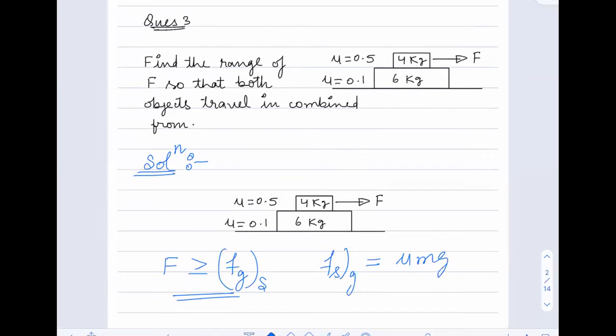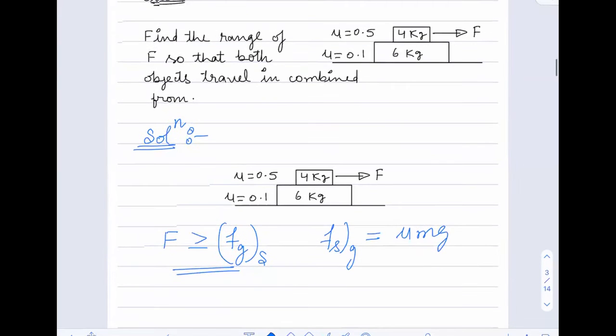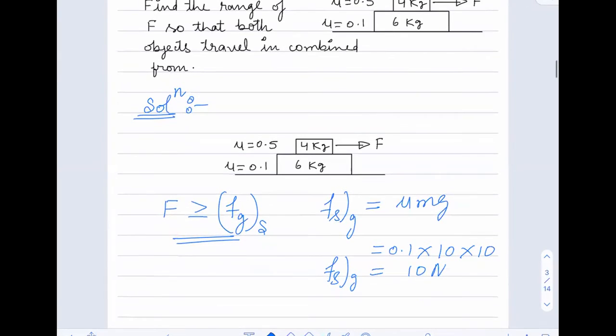Now I have the mu value and I have the mass given to me, and the g value you can use as 10. So if you use this, I'm getting 0.1, mass will be 10 and 10. So the static friction value is 10 Newton. So this is the minimum force required to move the blocks together. At least this much force is required. So this is my minimum value.